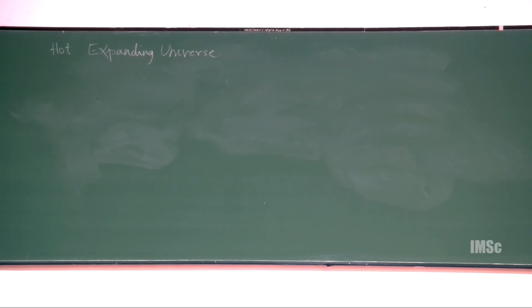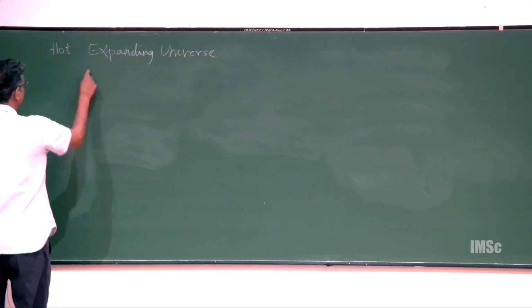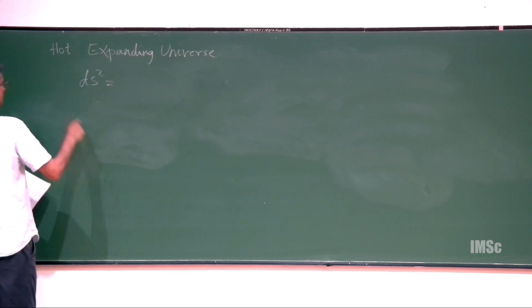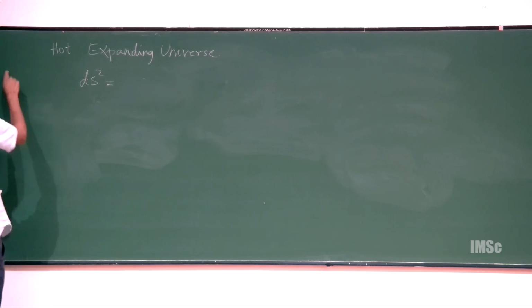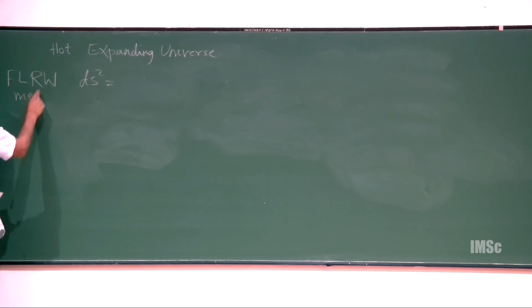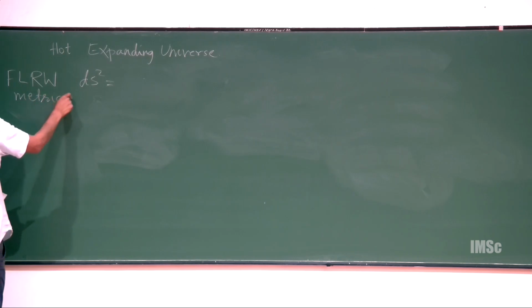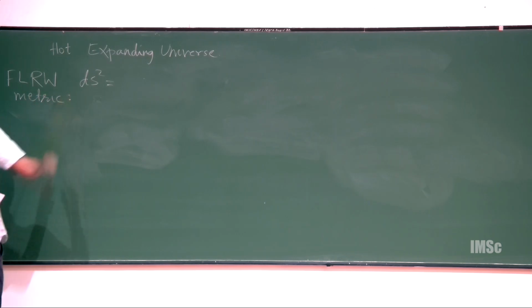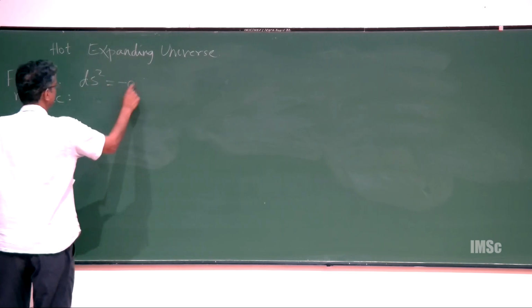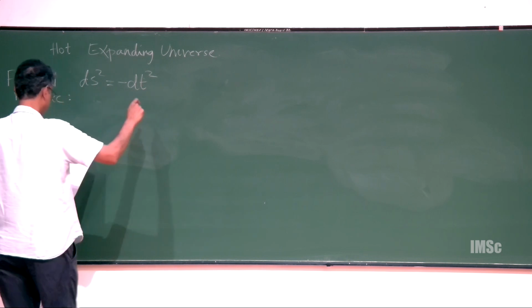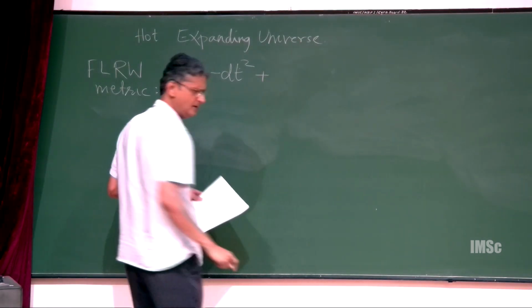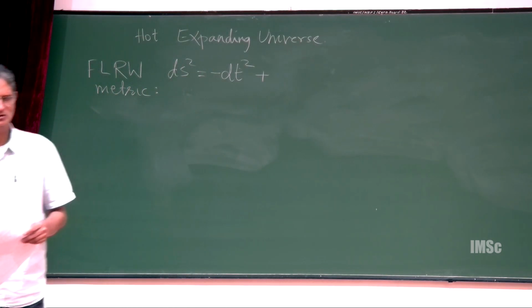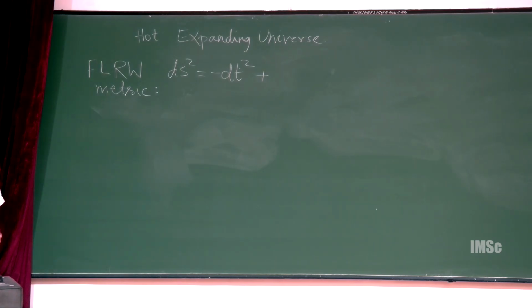So what is the expanding part? That is encoded in what is called the Friedmann, Lemaitre, Robertson, Walker metric. And this metric is the metric of the universe. Okay, how many people have had some or are knowledgeable about some basic things about general relativity?